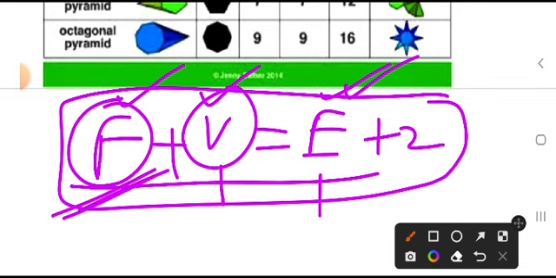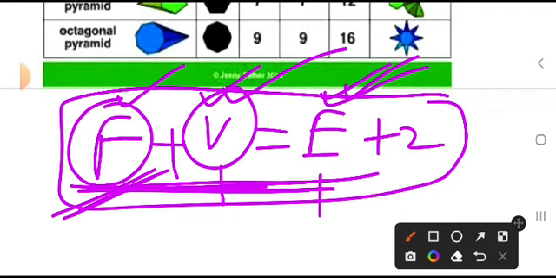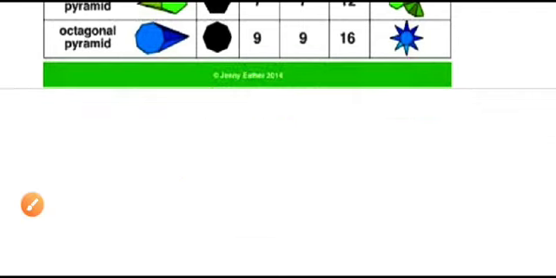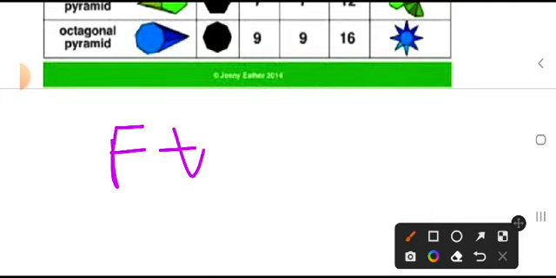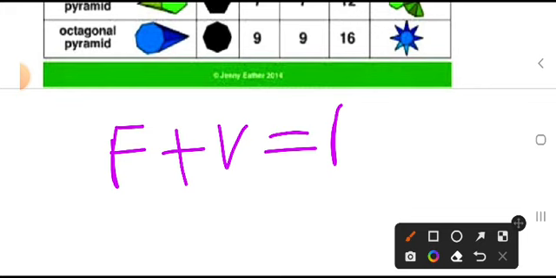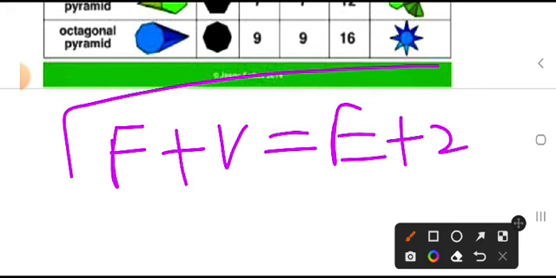So out of the three variables F, V, and E, when two are given, the third one can be determined by this relation. Okay, so note it down as Euler's formula, F plus V. Let me write it again: F plus V is equal to E plus 2.